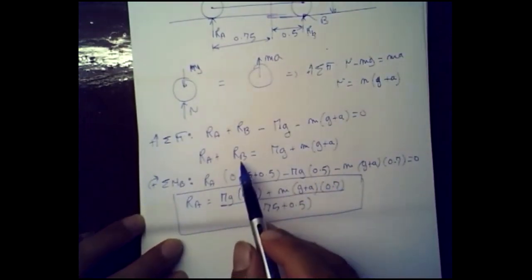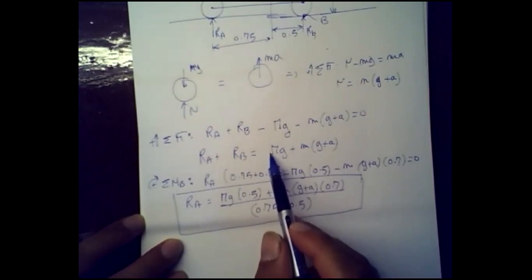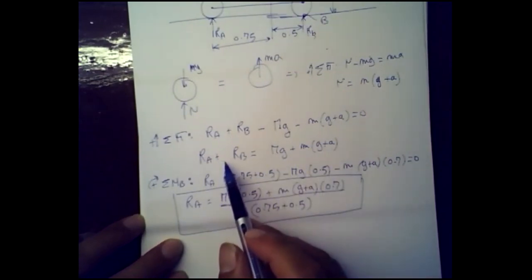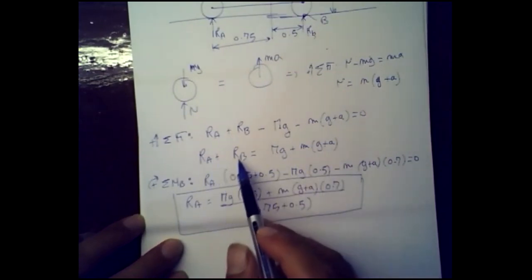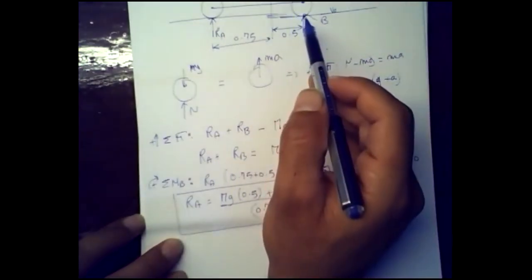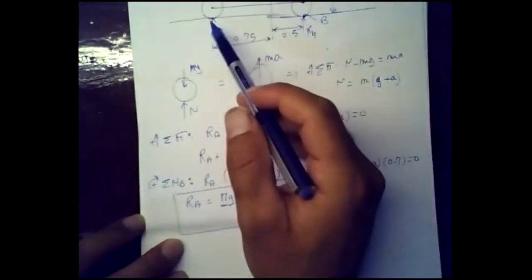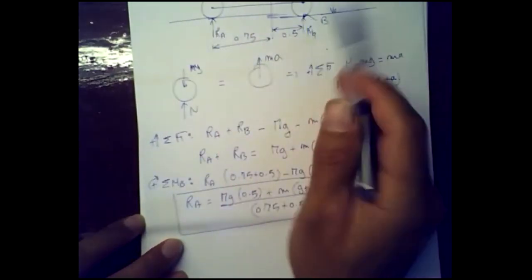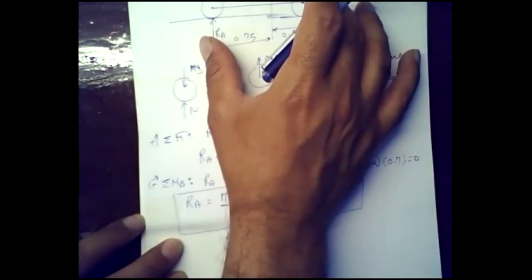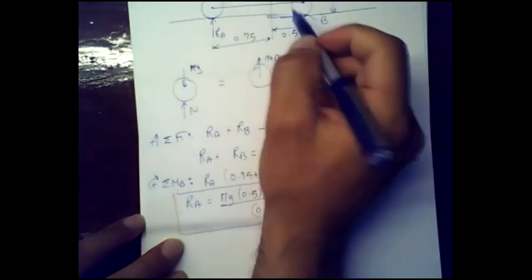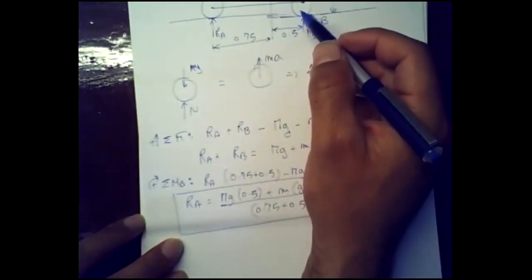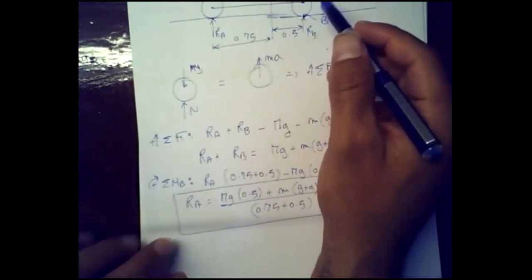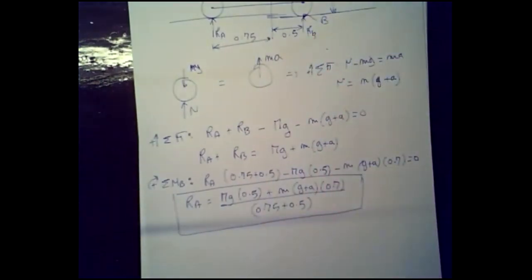If you want to calculate RB, you can simply do this minus RA, or you can find RA in another way, which is summing the moments about A. We know this is in equilibrium right now, and no matter where you sum the moments, the moments are going to be 0. So we can pull the other equation based on that.